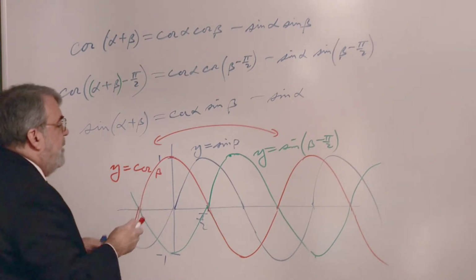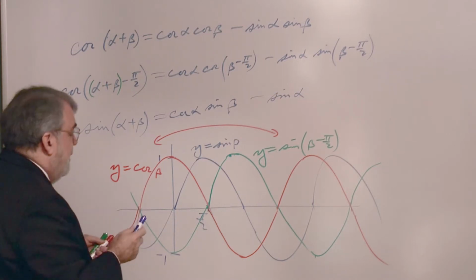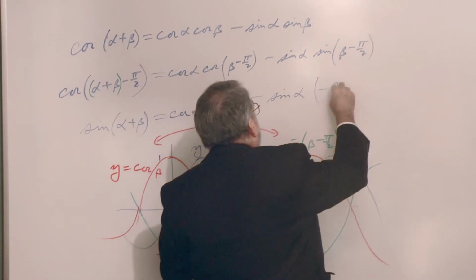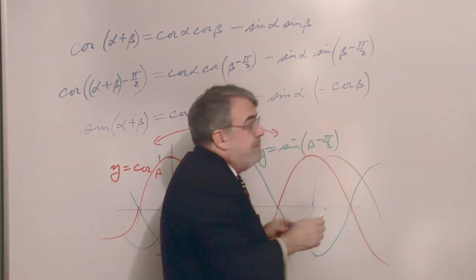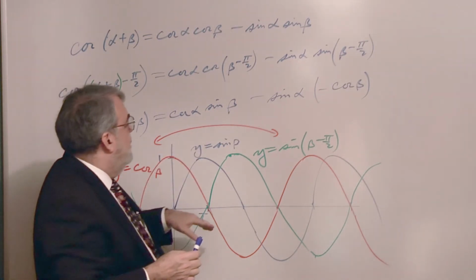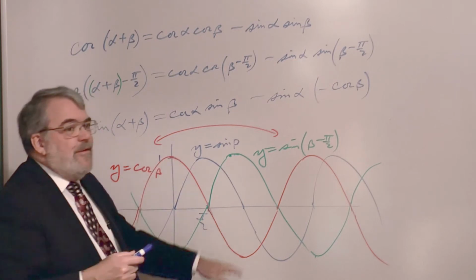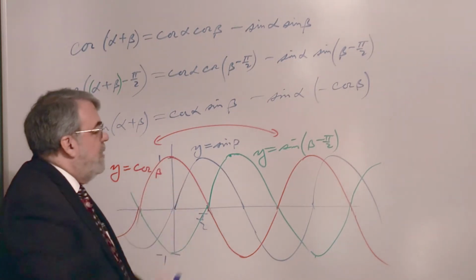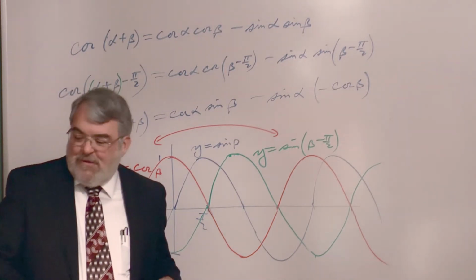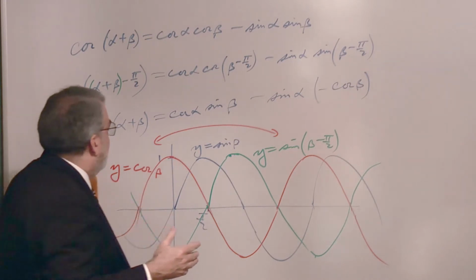So if I reflect it, then what I'm getting over here is basically minus cosine beta, because the green function is the negative of the red function. All the y values have switched, flip-flop. How about that? So I got to use another function transformation from a college algebra class.